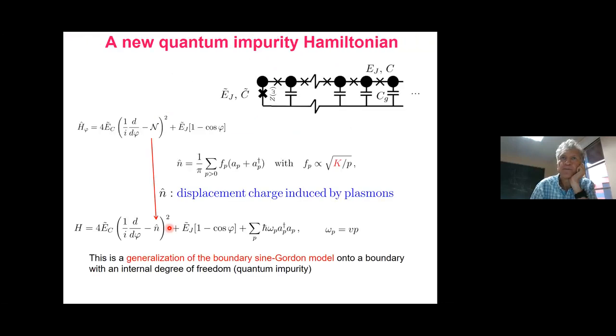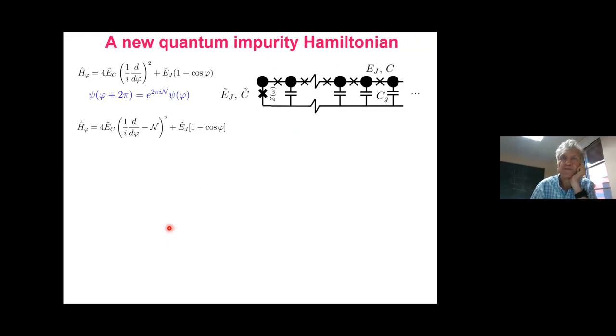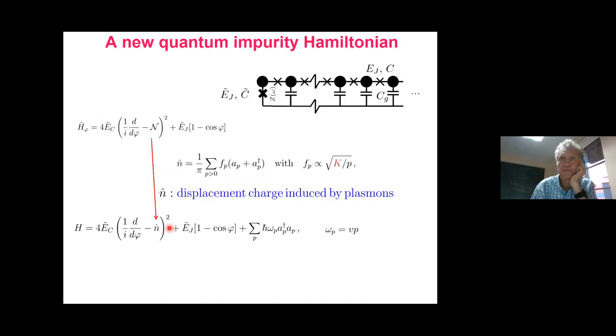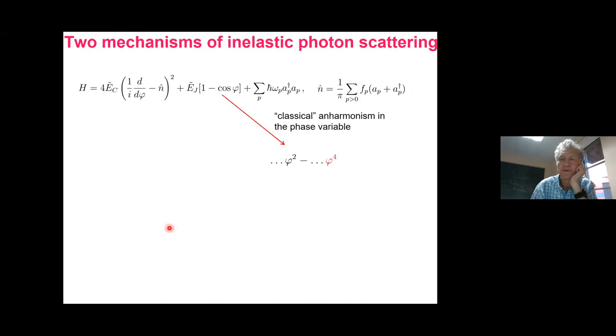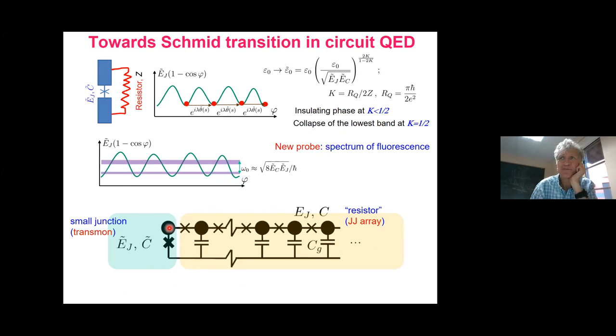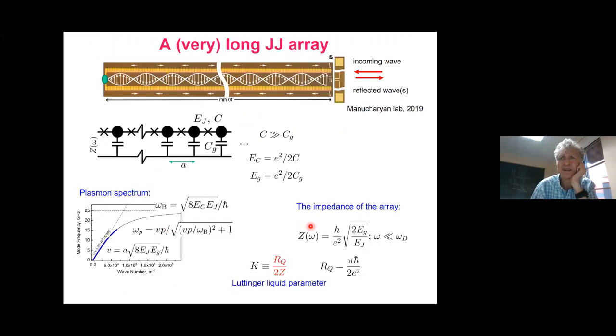So with K, it's easy because it's related to two relatively simple characteristics: the Josephson energy and the charging energy.